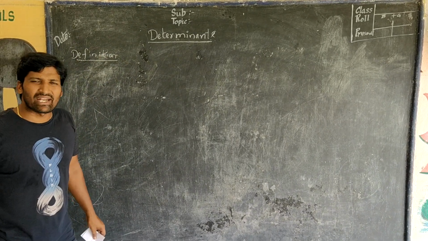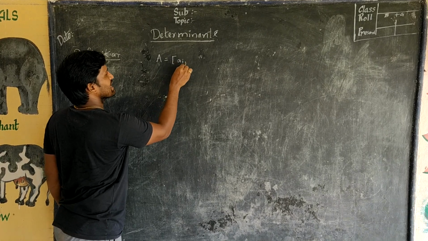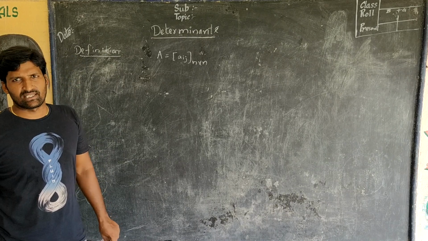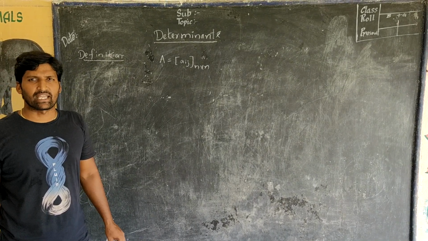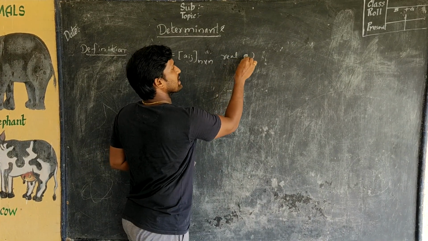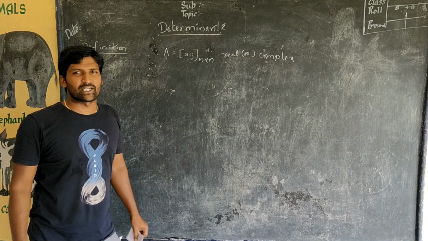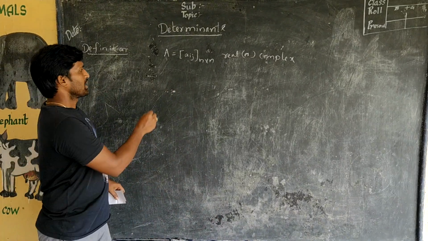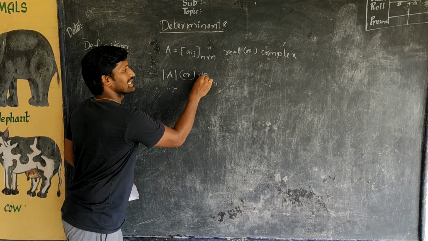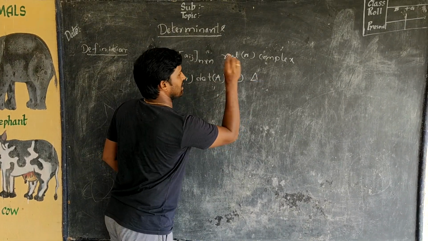To every square matrix A equal to [Aij], of order n by n, we associate a number. That number can be real or complex. It is called a determinant of a matrix, denoted by det A, or det of A, or delta.